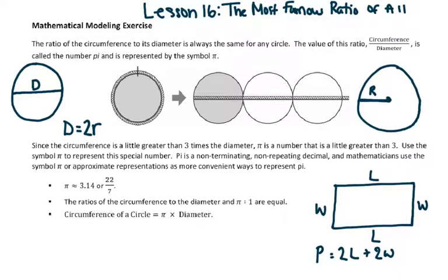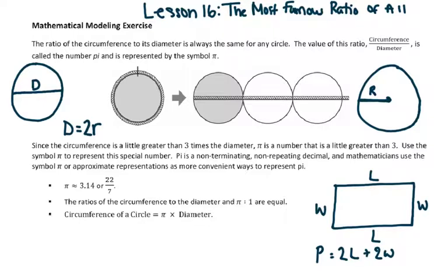And so we can do the same thing for a circle, but we call the perimeter of a circle the circumference. So in this mathematical modeling exercise, it tells us that the ratio of the circumference to its diameter is always the same for any circle. The value of this ratio, circumference divided by diameter, is called the number pi, and it's represented by the symbol pi.